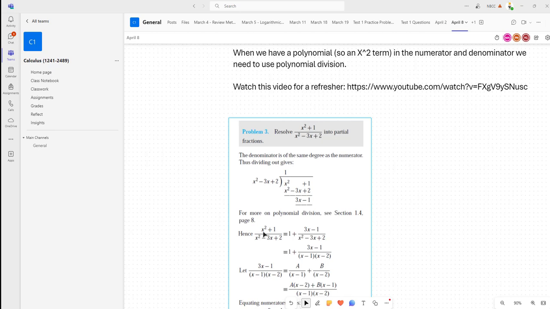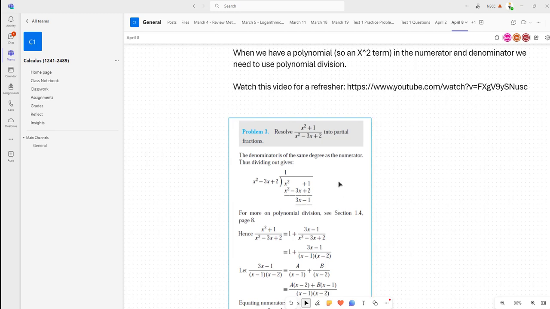So if we rewrite this as a partial fraction, we have x squared plus 1 over x squared minus 3x plus 2 equal to 1 plus 3x minus 1 over x squared minus 3x plus 2. Okay, so we have this 1 out in front, which is this. This is the remainder of what we couldn't divide out.